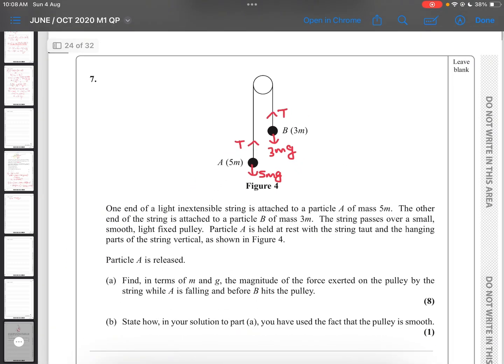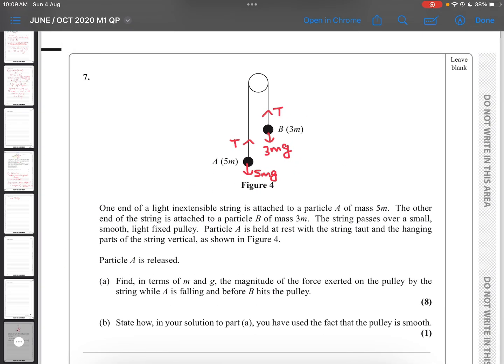So forces are marked. Now part A says find in terms of m and g the magnitude of the force exerted on the pulley by the string while A is falling and before B hits the pulley. So basically what they want is the tensions. Both the tensions are going to be acting towards the pulley, right? So these are the forces acting on the pulley.